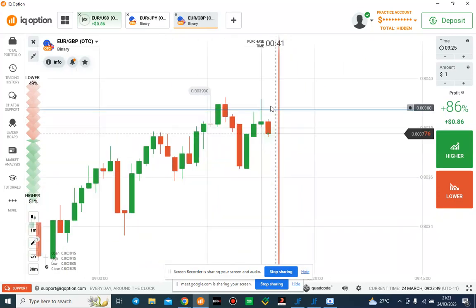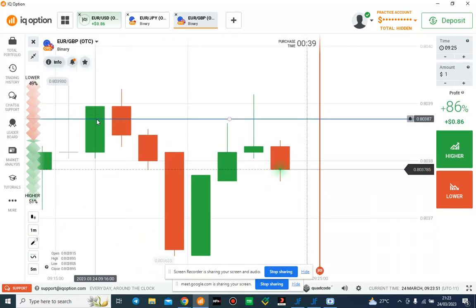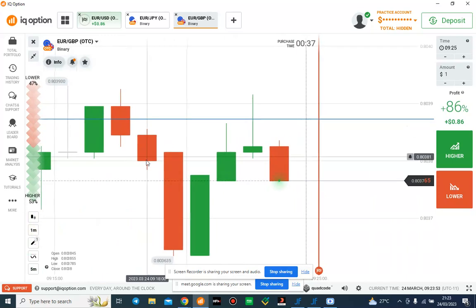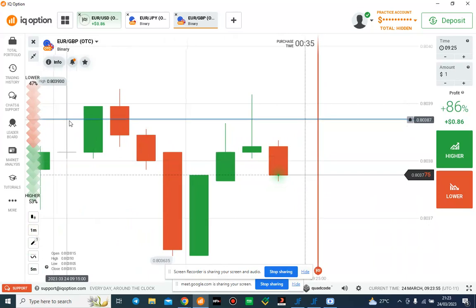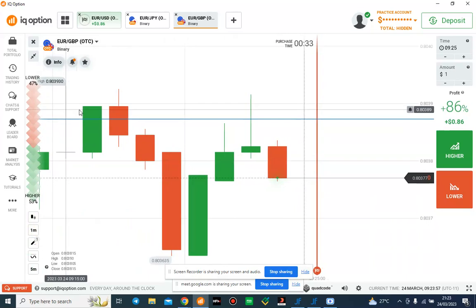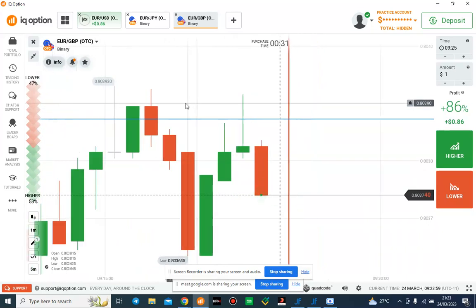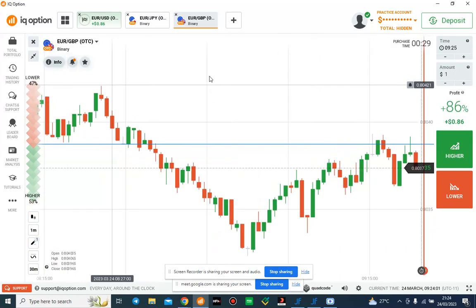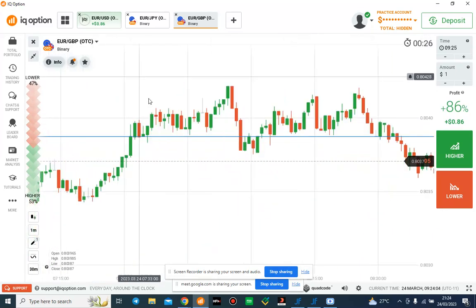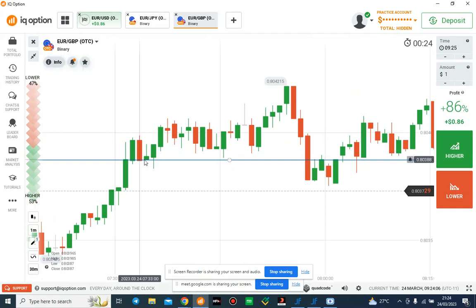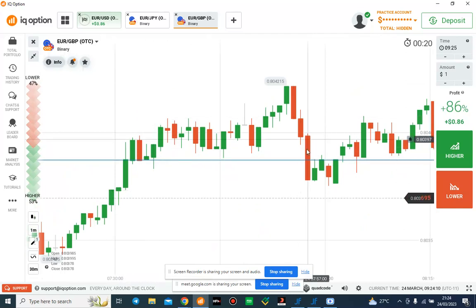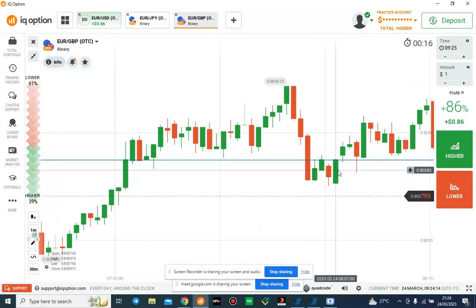Anytime the price touches the line, there must be some seller's entry, rejection or seller's activities. Why? Because this is a support, this is a buyer's area, because anytime the market reaches this level, buyers entered. But the sellers were able to repel the buyers and they broke the level.